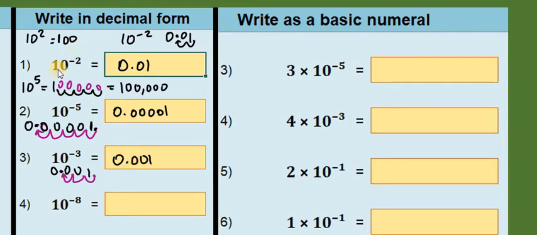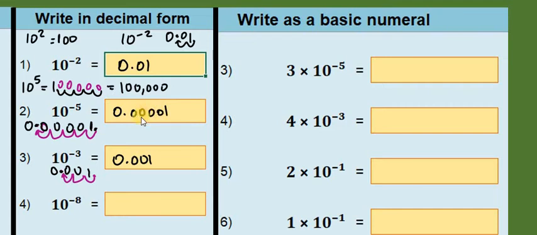Okay, let's come up with a pattern. Do you notice that we're raising 10 to the negative 2 power, correct? So to the left of the 1, look at how many zeros we have. We have 2 zeros to the left of 1. Of course, we have a decimal point between the first 2 zeros there. Okay, same thing for number 2. 10 to the negative 5th power.